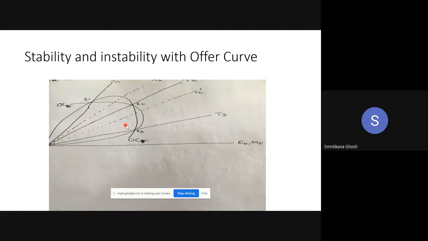At T2 dash, try to understand. Export is along the offer curve of the home country, so it is here, and the import is here. Let me draw the lines.